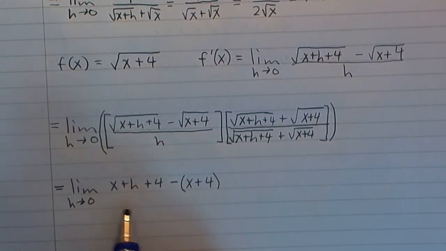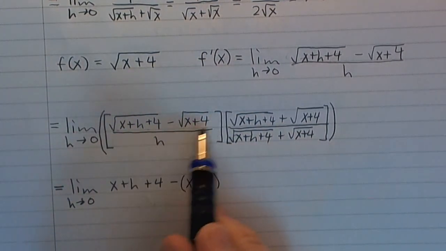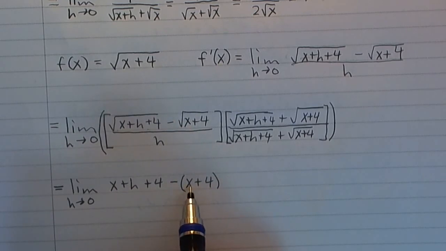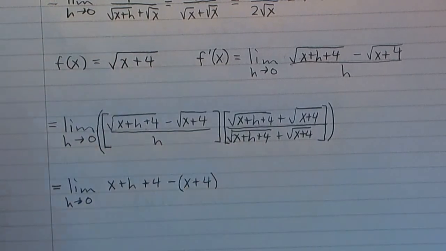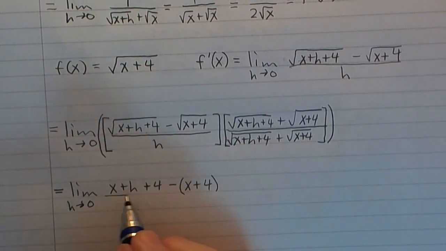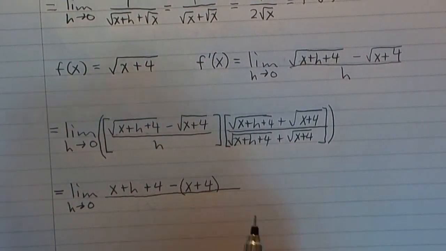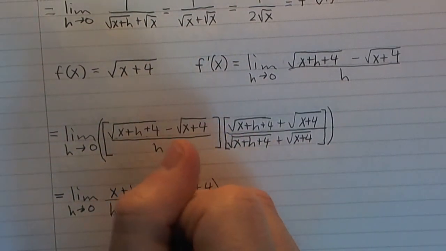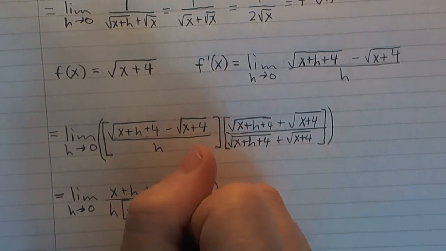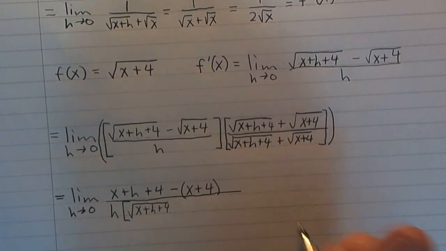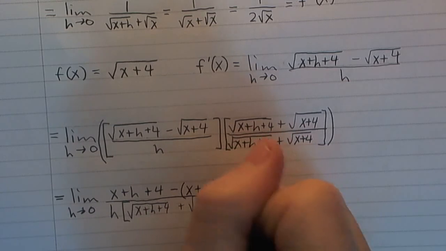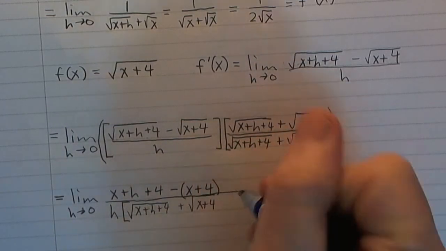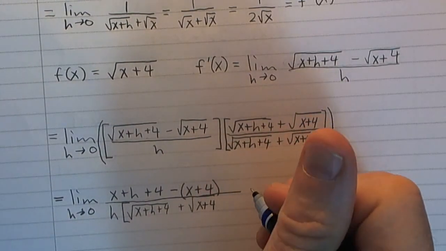The first thing squared minus the second thing squared, and this whole second thing. So the negative applies to the x plus 4, the entirety of it. But down here you've got h times the square root of x plus h plus 4 plus the square root of x plus 4. There we go.